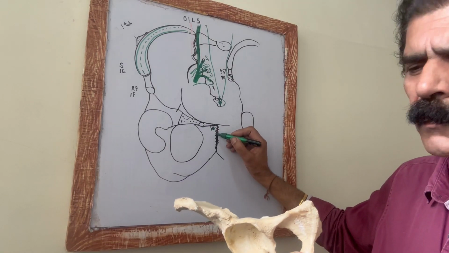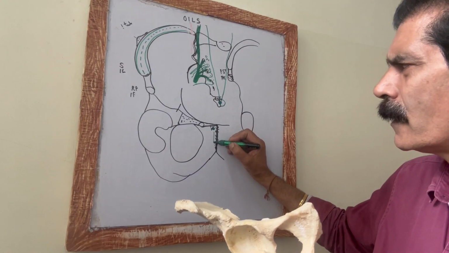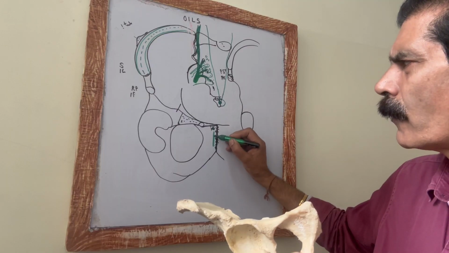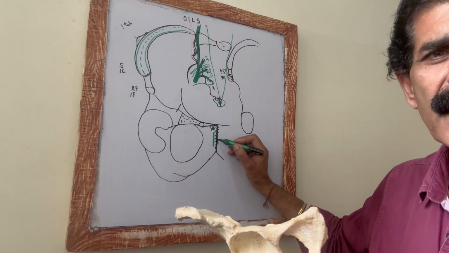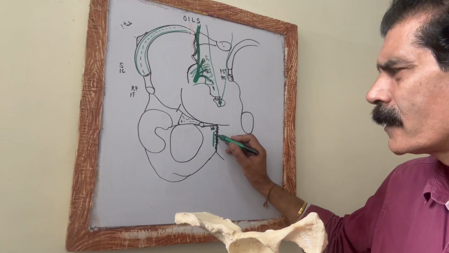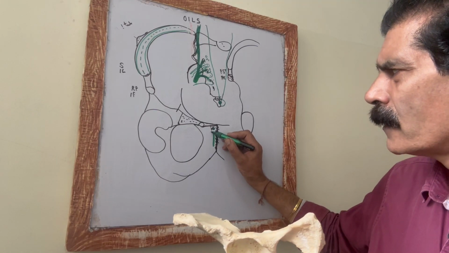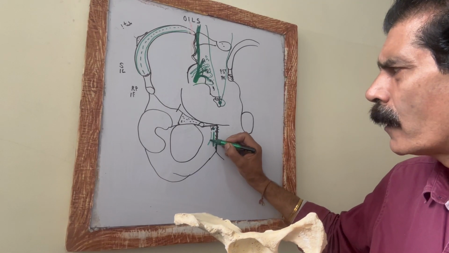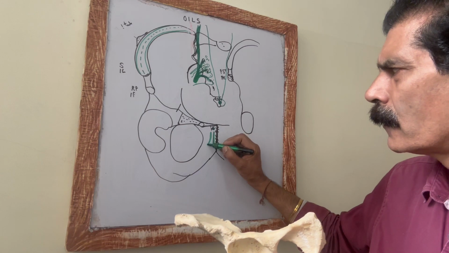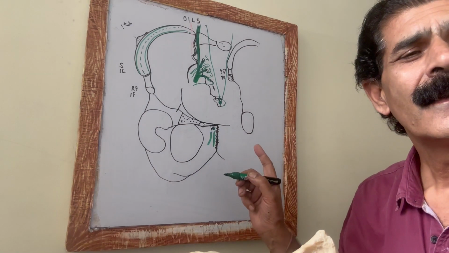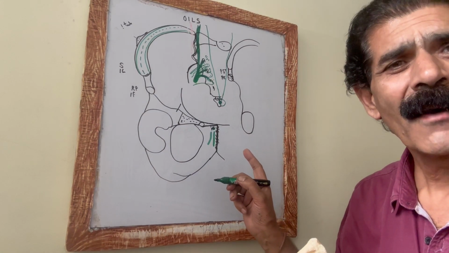Then the medial most muscle of the thigh is the gracilis. It takes origin from a vertical line parallel to the pubic symphysis, near to the pubic symphysis. Then just lateral to it, a small vertical and oblique line shows the origin of the adductor brevis.